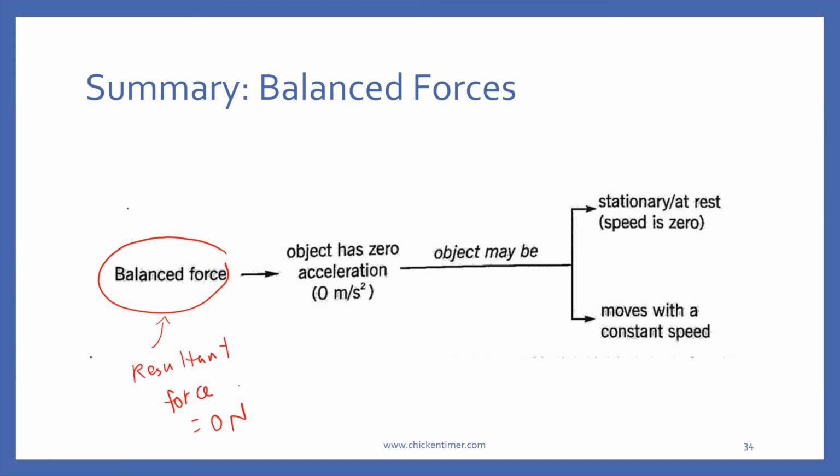Then the object in the question will have 0 acceleration. When it has 0 acceleration, there will be two outcomes. The object will be stationary, which means it's not moving, so the speed is 0. Or it can move with a constant speed, because in this case the acceleration is 0. In these two cases, acceleration is 0.